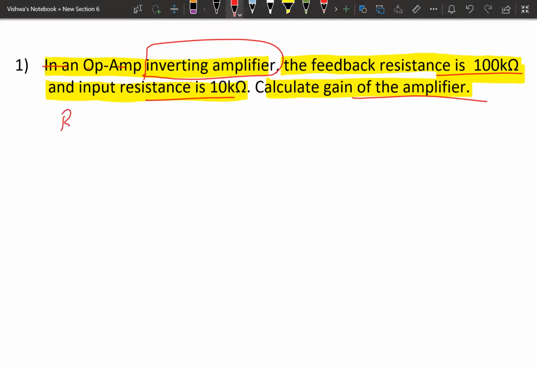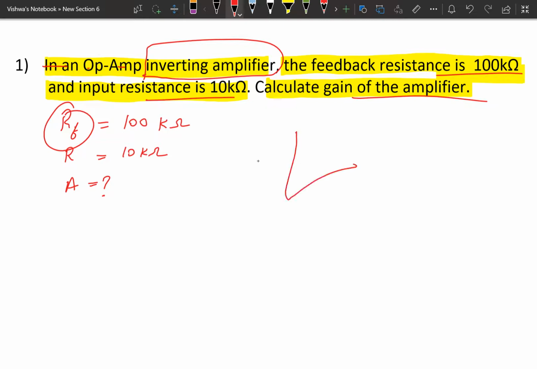Write the given data. RF is 100 kilo ohm. Then the input resistance is R, or you can take it as R1, 10 kilo ohm. We have to find the gain. The feedback resistance is given, which means it is a closed loop configuration. Let's see the diagram. It is an operational amplifier. These two are the terminals, inverting and non-inverting.